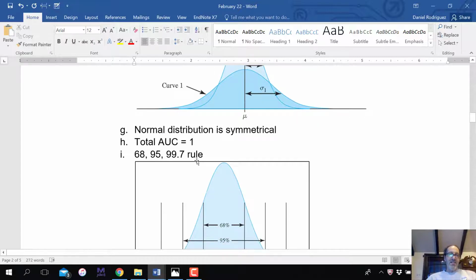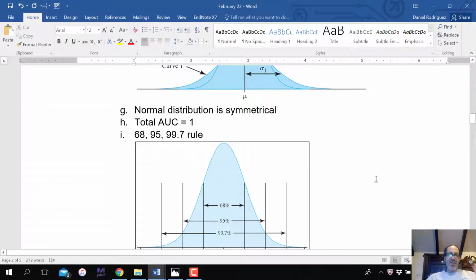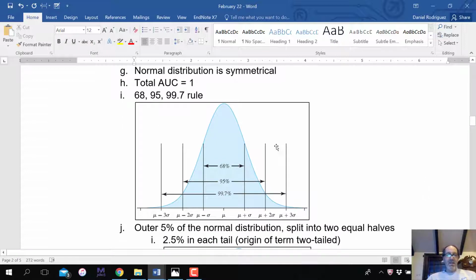We also have this really neat rule when we're dealing with the standard normal distribution. A standard normal distribution has a mean of 0 and a standard deviation of 1. So we're going to be dealing with this distribution a lot now. We know that with this distribution, 68% of all values are between plus or minus 1 standard deviation of the mean. 95% of all values are between plus or minus 2 standard deviations of the mean.